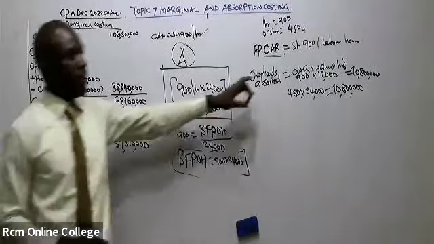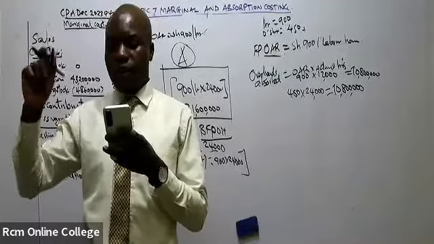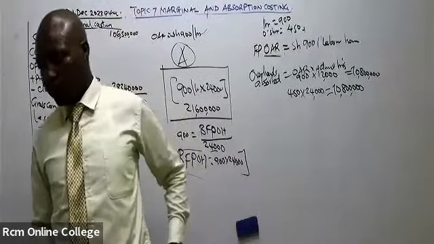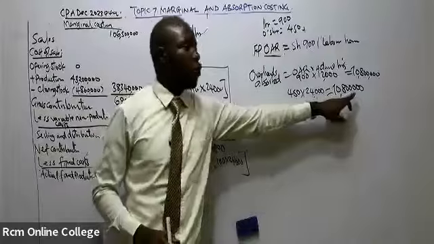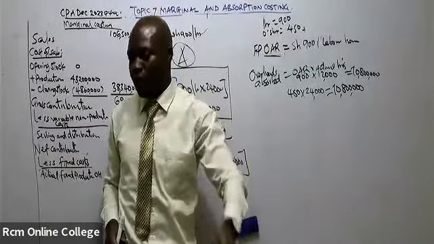I'm still interested in actual fixed production overheads. This is just the overheads absorbed. The examiner is telling you something there, which I want you to listen to carefully. The actual fixed production overheads was 300,000 shillings less than absorbed. This is the absorbed, but actual is less than that by 300,000.